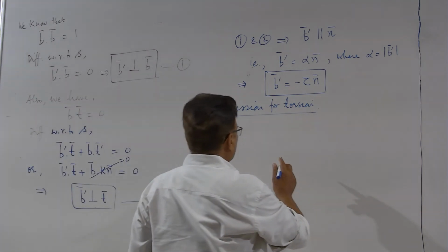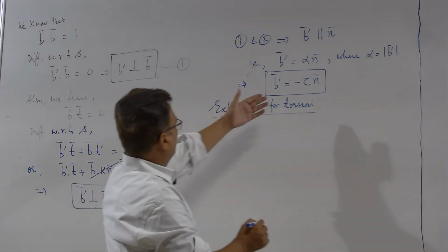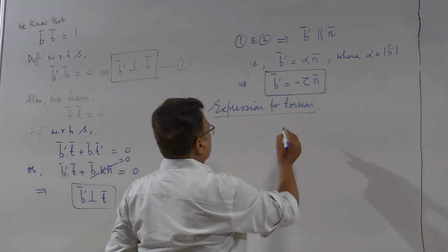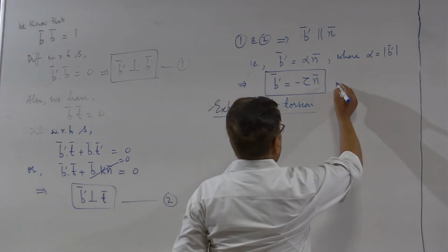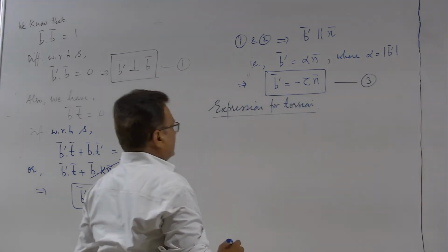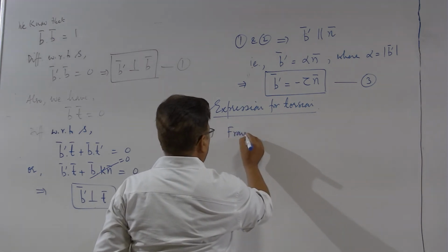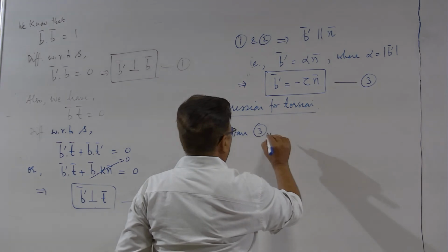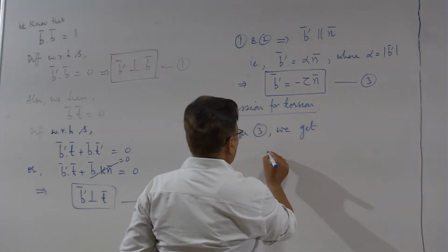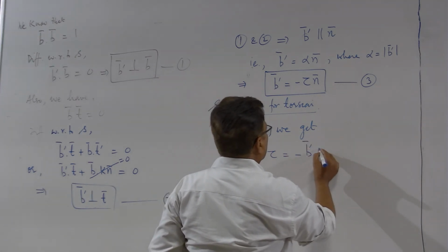So, what we do for the expression, now if you look at the first relation and this one, that was equation number 1. Let us call it 3. So, from 3 we get tau equal to minus b dash dot n.